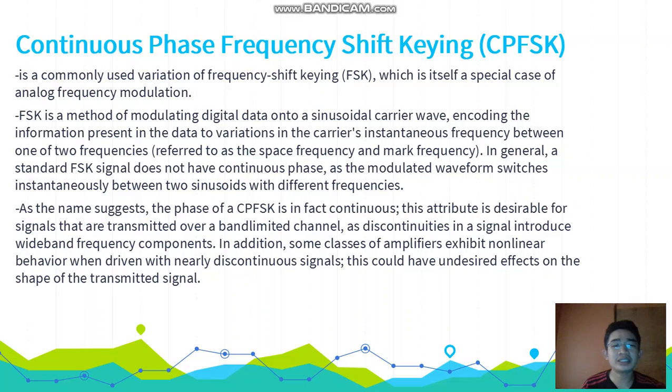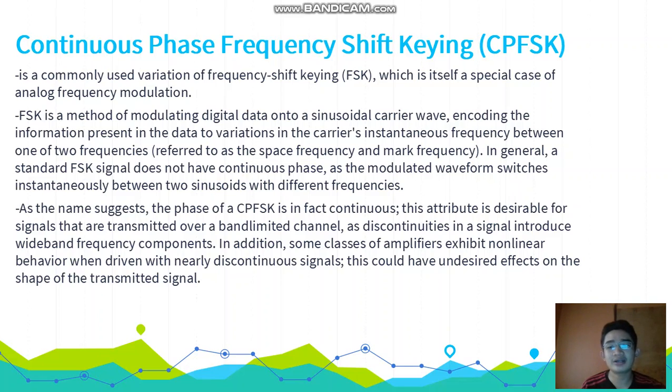As the name suggests, the phase of CPFSK is continuous. This attribute is desirable for signals that are transmitted over a band-limited channel, as discontinuities in the signal introduce wideband frequency components. In addition, some classes of amplifier exhibit nonlinear behavior when driven with nearly discontinuous signals.